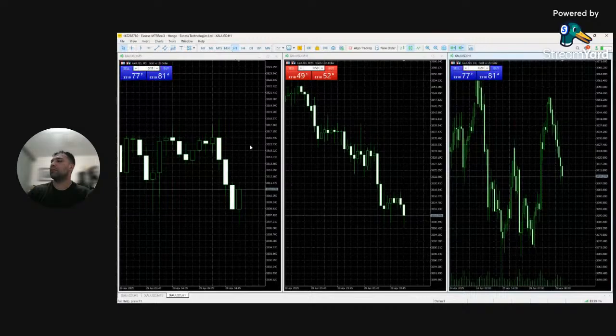Last few seconds left. Around 50 seconds left to close this candle, and we can see right here that in 5 minutes this bullish candle that is being formed couldn't take the open of the 5-minute bar right here.